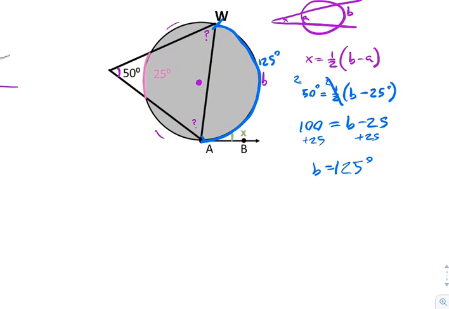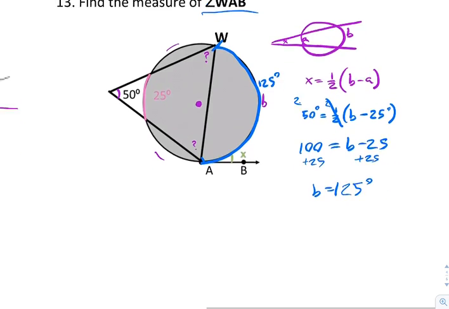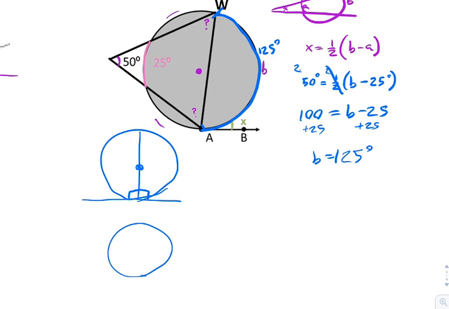Well, it's asking us to find the measure of WAB. We know that whenever we have a tangent to a circle, doesn't matter if it's the diameter where it's 90 degrees or any other tangent, this angle here is really an inscribed angle of the arc, right? 90 degrees is half of 180 because it's an inscribed angle of that arc.